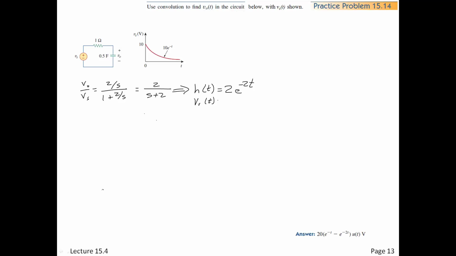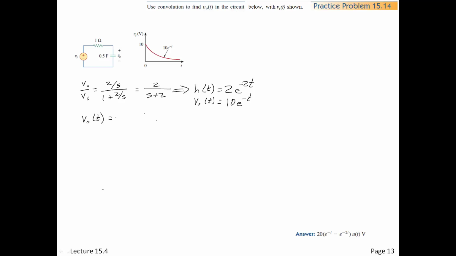So our vs of t is given right there. It's 10 e to the minus t. So now let's do the output, v out, as a function of t. And we're going to say it's what? It's going to be the convolution.